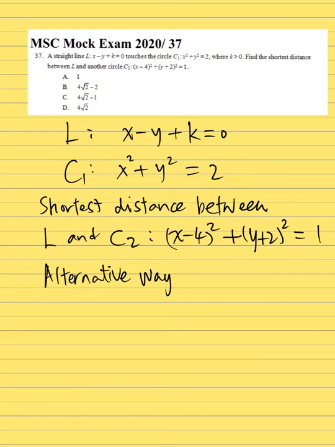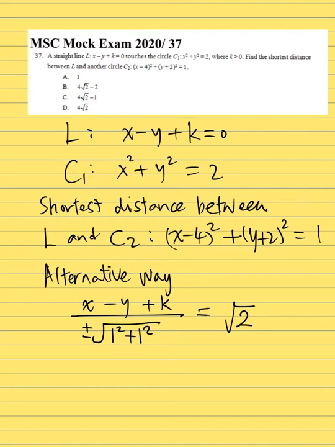Now let's solve the same question using the alternative way. The first step, the same, is to find k. Here, the distance between the line L and the center of the circle C1 is |x minus y plus k| over the square root of 1 squared plus 1 squared, which equals the radius of C1, which is square root of 2.